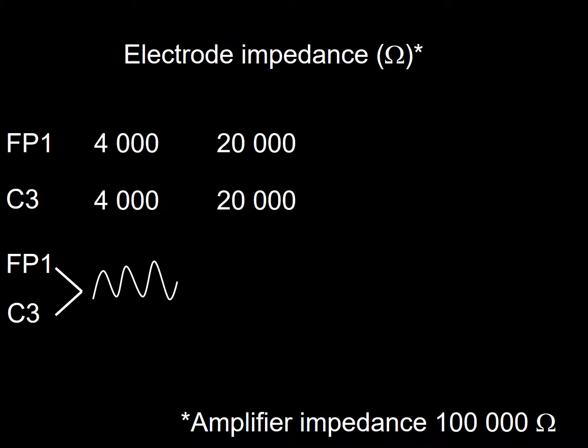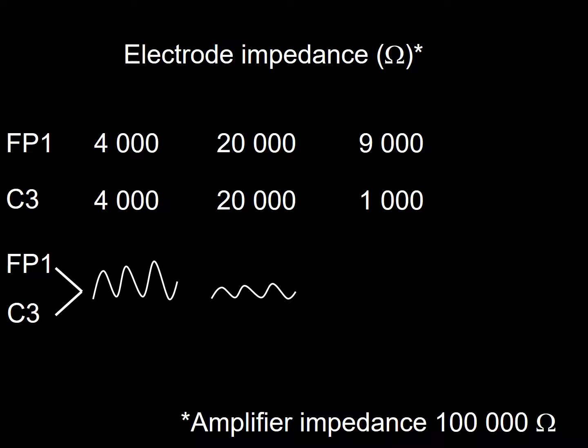If instead of 4000 ohms, the impedance of both electrodes is 20,000, an EEG activity of similar value as the one we just alluded to will produce a tracing with significantly lower amplitude than the amplitude generated when the impedance of both electrodes was lower.